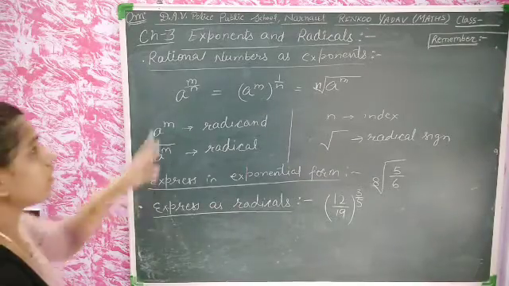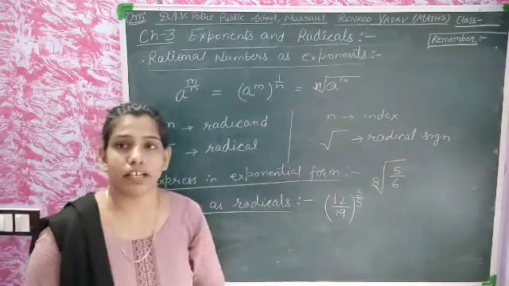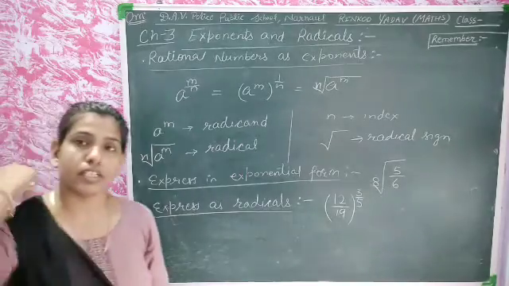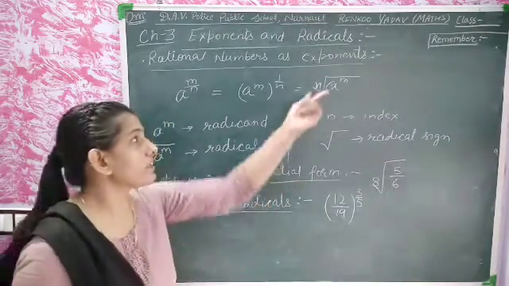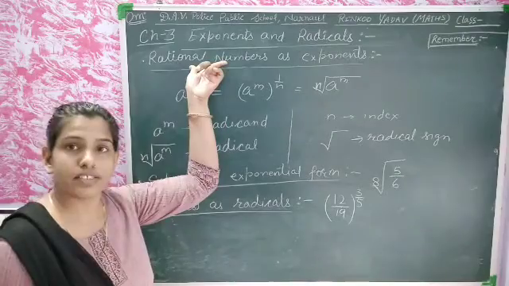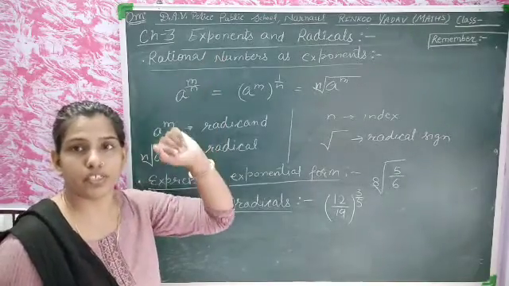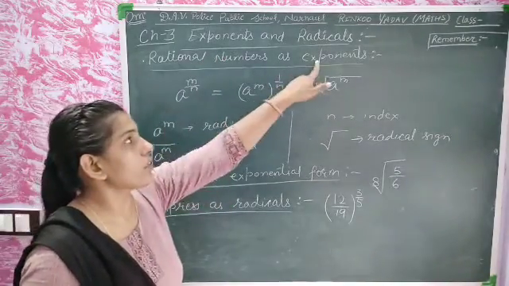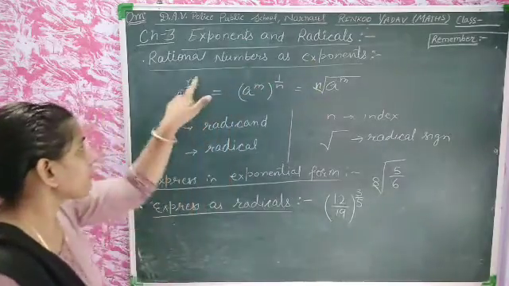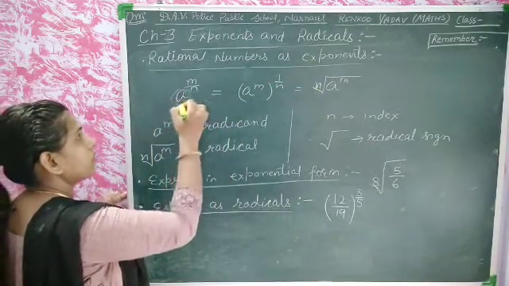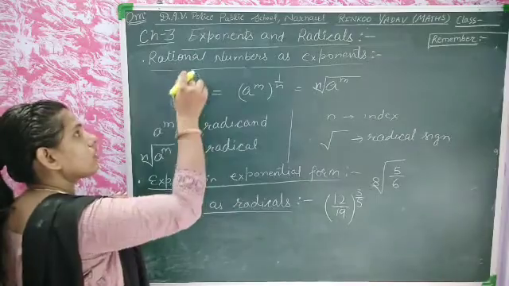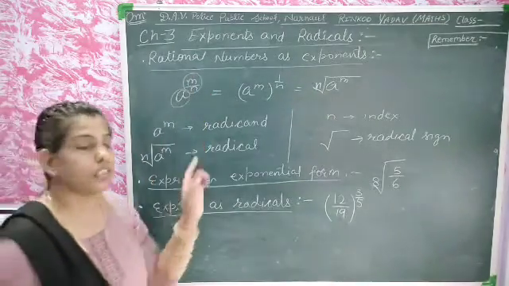Now we will do the next topic, rational numbers as exponents. Students, if the exponent is taken as a rational number, how do we represent this form? Here a is any rational number and the exponent is also a rational number.